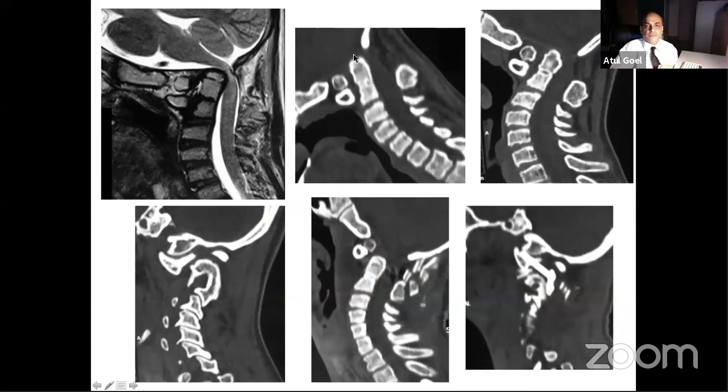Now you see this. This is os odontoideum. Suppose this os was stuck here, the cord would have completely transected. You see the bifid, imagine if the posterior arch of the atlas was intact and the os odontoideum was intact, there would have been no space for the cord.